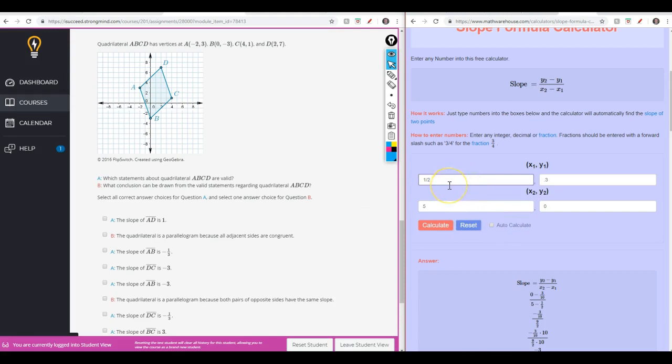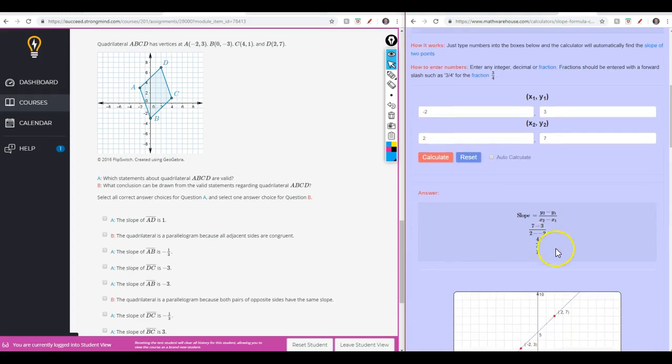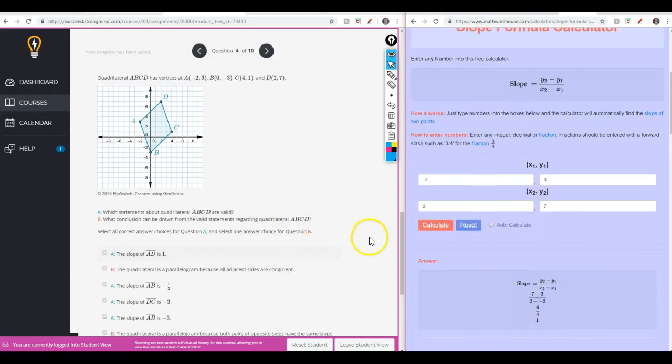So point A, I'll just go around from A to D. Point A's coordinates are -2, 3. Point D's coordinates are 2, 7. Then I'd click calculate, and I notice that it comes out to be 1.